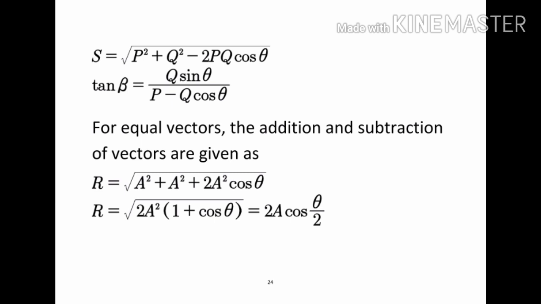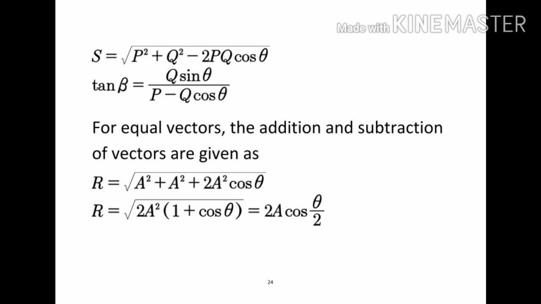And in a similar way, to find the direction of S bar with P bar, we are using tan beta is equal to Q sin theta by P minus Q cos theta. That means in the place of the second vector, we are just using a negative vector. Then we can automatically get the magnitude of the subtraction of vectors and its direction with the first vector.